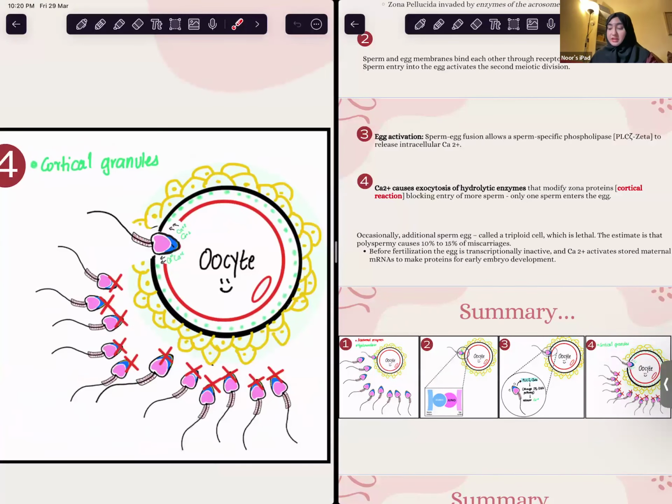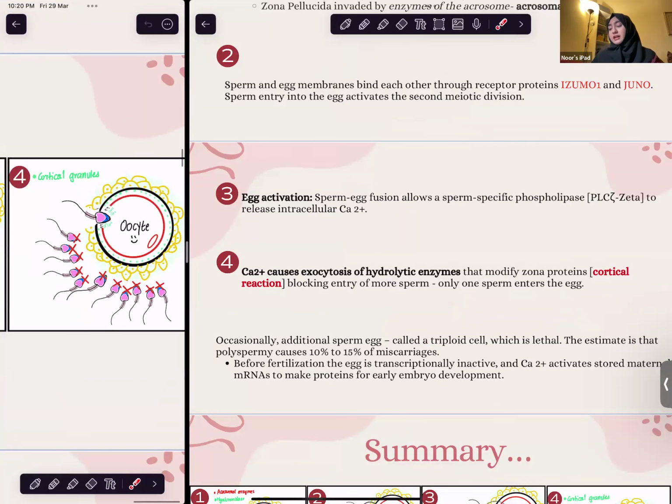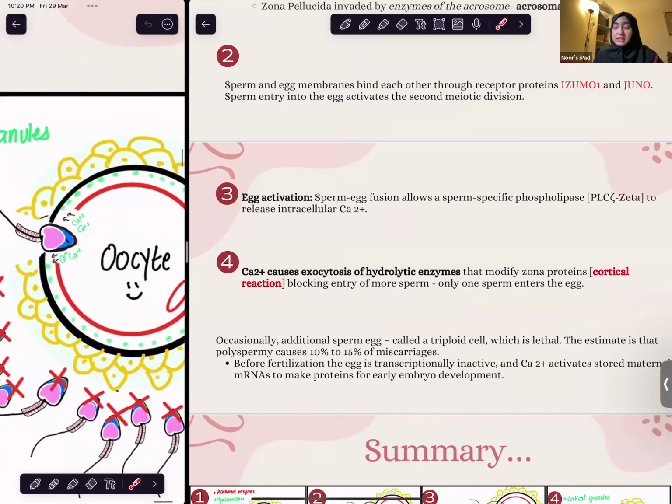And this is our last and fourth reaction, which says calcium causes exocytosis of hydrolytic enzymes that modify zona proteins, which is the cortical reaction, blocking entry of more sperm. So in that case, only one sperm enters the egg. Once the calcium enters, it modifies the zona proteins. Remember I said the black layer is the zona pellucida, so it's going to modify the proteins around the zona pellucida, and those are called the zona proteins.